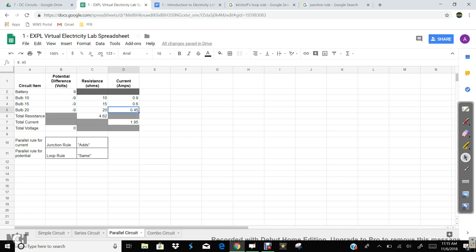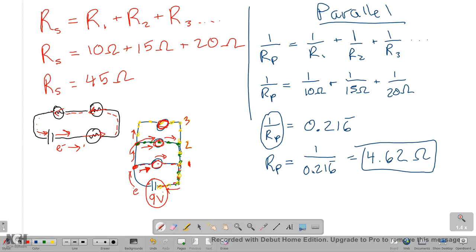Now, one thing that I'll go back and say about the total current, if you were to measure the current at one of two places, so anywhere over here or anywhere over here before or after the last branch, these values for current would be the total current, all right? Because the current is adding up once it gets to this point here.